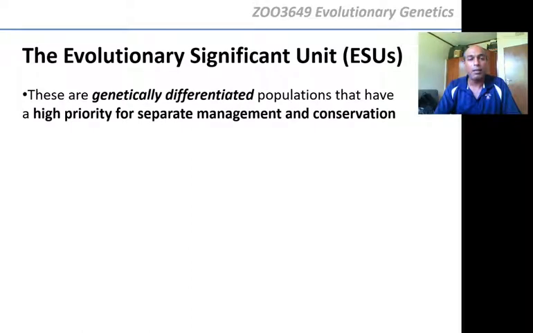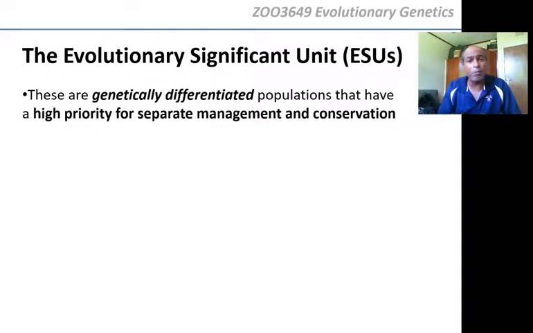These are genetically differentiated populations, so two populations that have become different thanks to being isolated and genetic drift, that have a high priority for separate management and conservation. So they've become genetically different, they've had no gene flow recently, and because evolution took a long time to make them different, it will take a long time to replace them if one of them goes extinct.